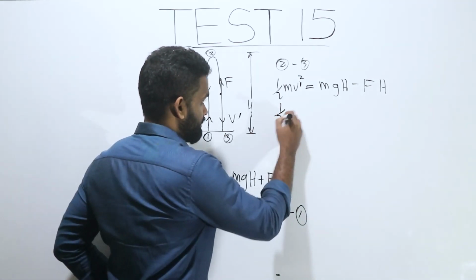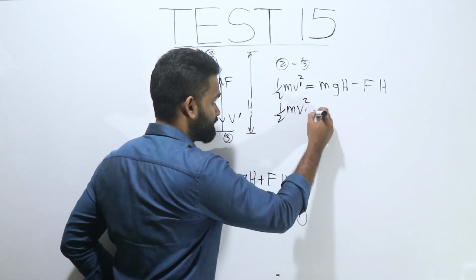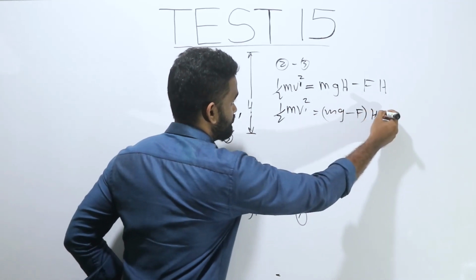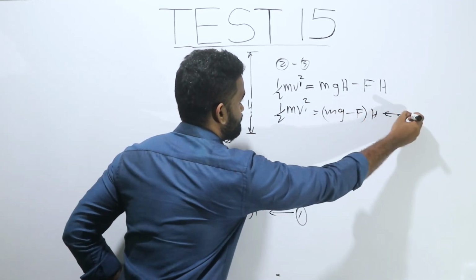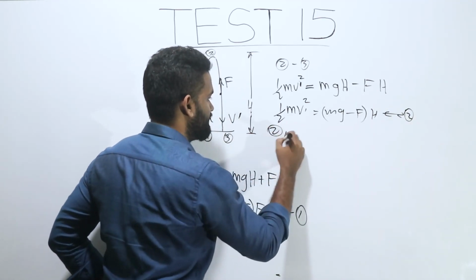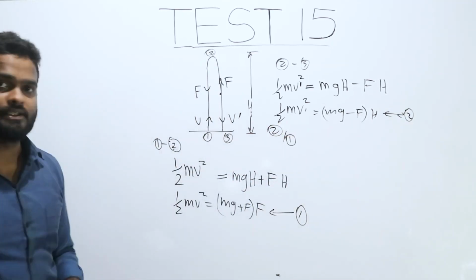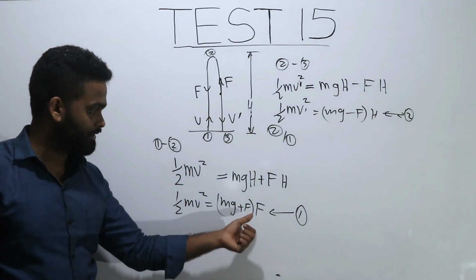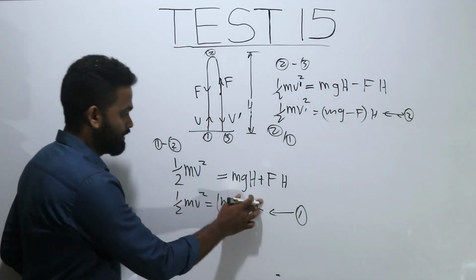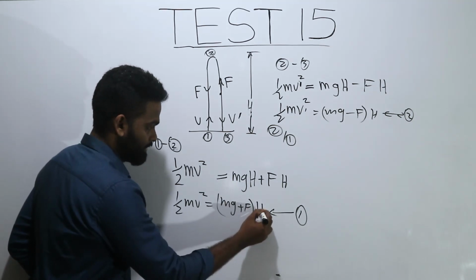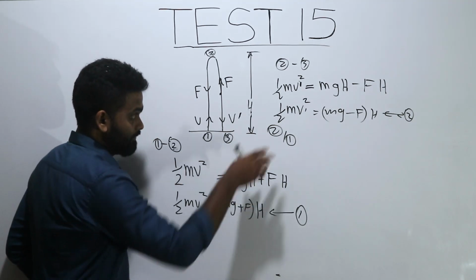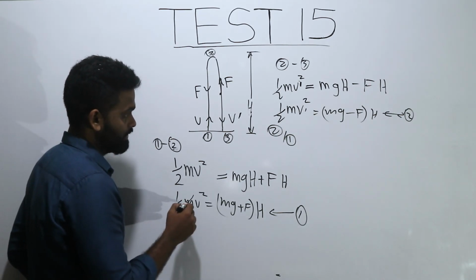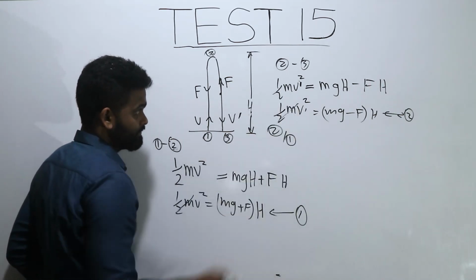I will simplify this further: mg minus F, taking capital H out. This is equation 2. Then I will divide equation 2 by equation 1. As you can see, it is capital H here, not capital F. When you divide these, half m cancels off.